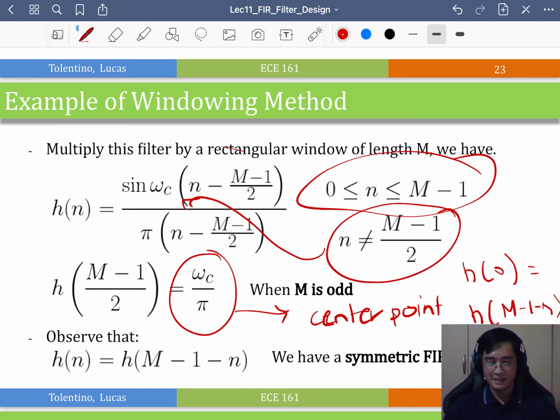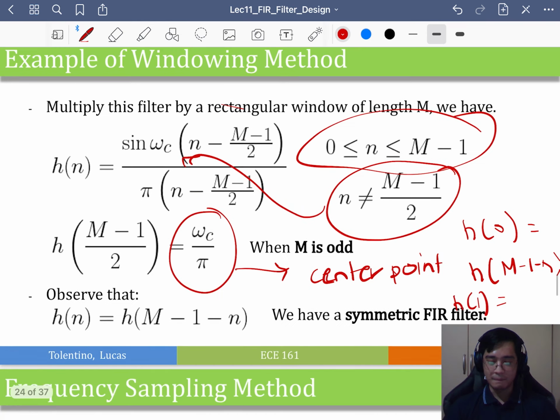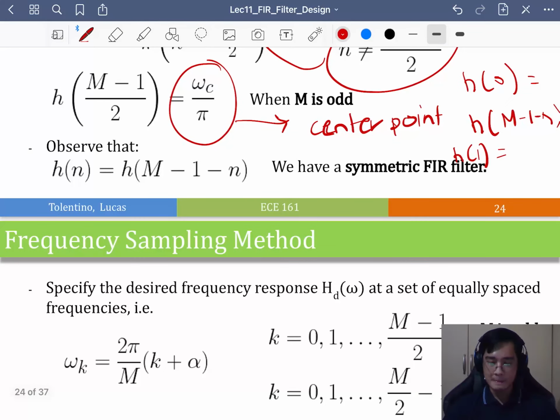We substitute m is 31 here, and then try h of 0 and h of 30. You should get the same result. h of 0 is h of 30, h of 1 is equal to h of 29, h of 2 is equal to h of 28, etc.